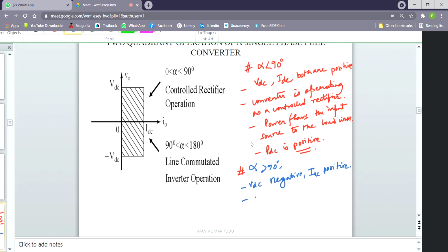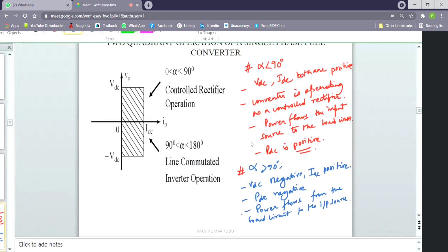And the average output power PDC also becomes negative, and power flows from the load circuit to the input source.